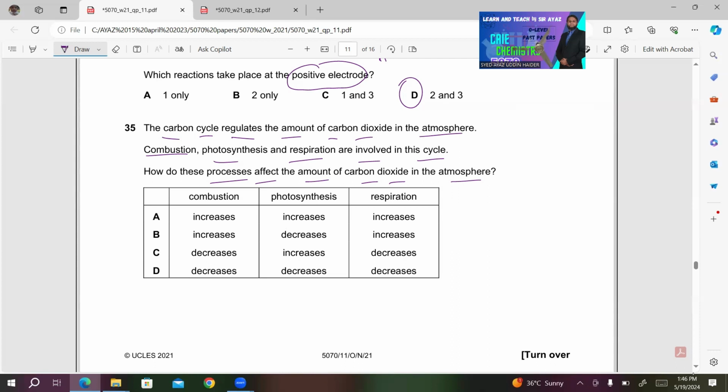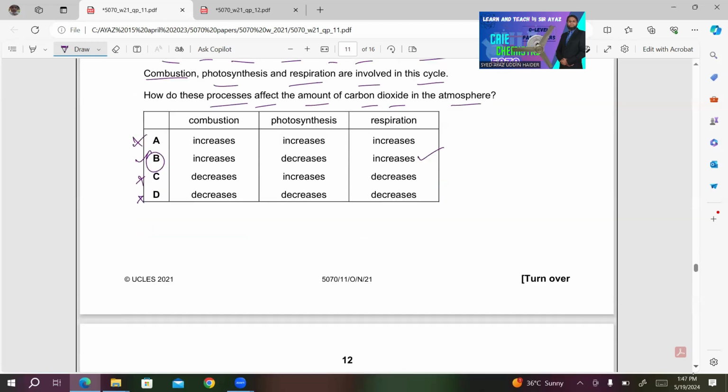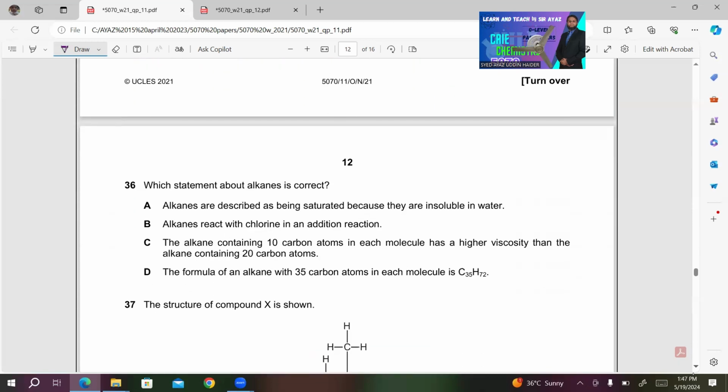So either A is correct or B is correct; both C and D are incorrect. A, combustion increases, photosynthesis increases, wrong. B, combustion increases carbon dioxide, photosynthesis decreases carbon dioxide, respiration increases carbon dioxide in the air. So B must be the right answer.